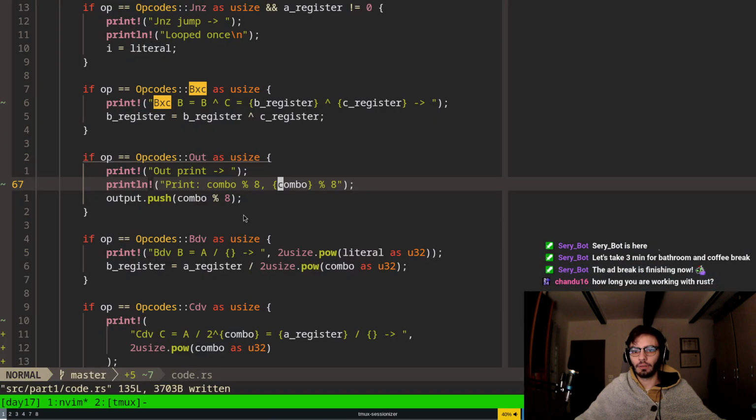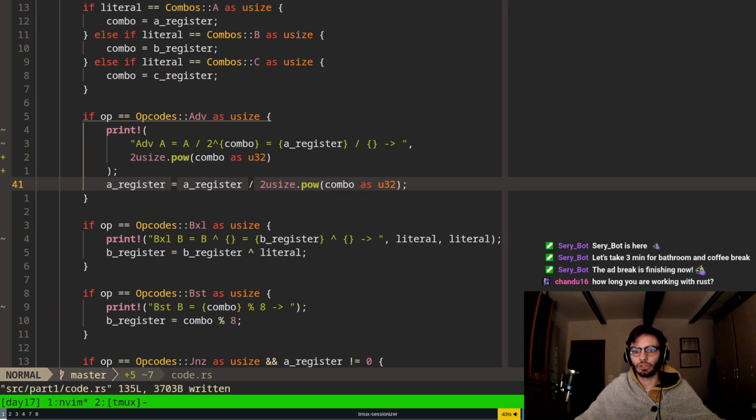Because first off, let's switch this to a bitwise shift of the combo. I believe it will be divided by the... No, it's divided by 2 times, so yes. Those are left shifts, right?